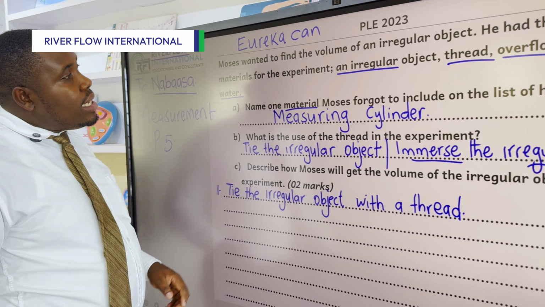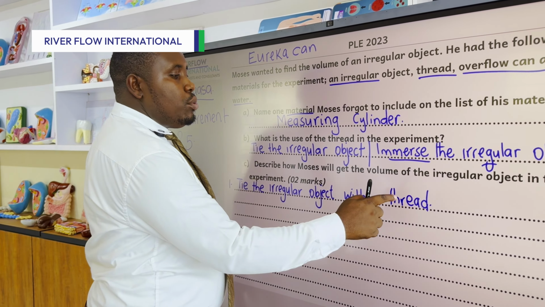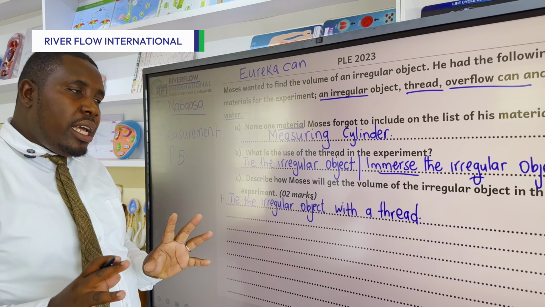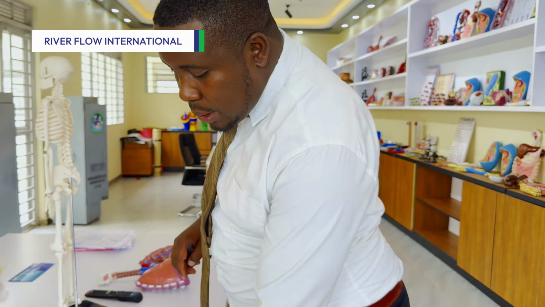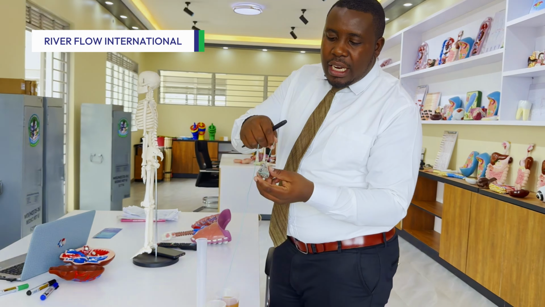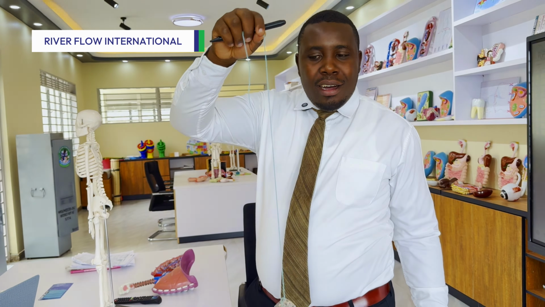Remember, they said he had a thread. If they had said a string, I would have put a string here. But since he had a thread, I would say a thread. On my experiment table, I have already tied the irregular object very well with the thread. So I have my step number 1 and I'm done.